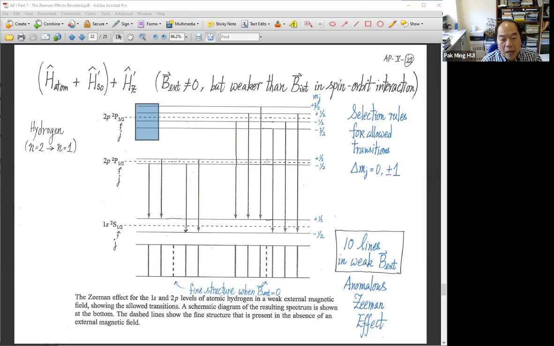But for the moment, I will just claim a result that the allowed transitions with light has to do with delta Mj is either 0 or plus minus 1. So that is called the selection rule for optical transition. Okay, the long sentence behind this is, these are the allowed transitions relying on something called the electric dipole mechanism.